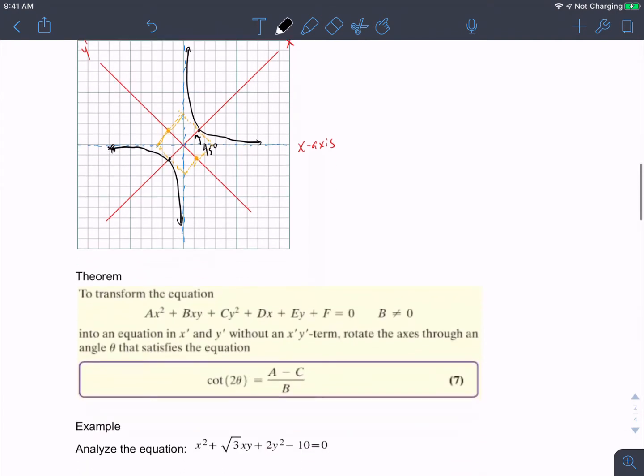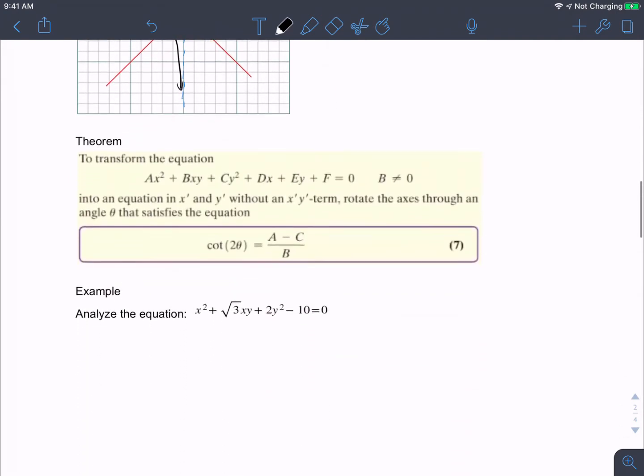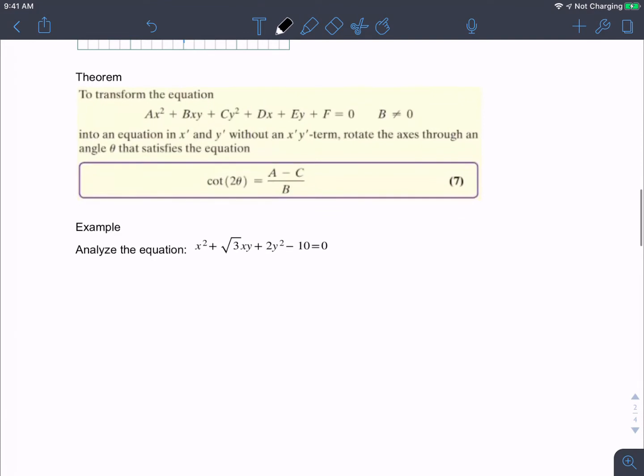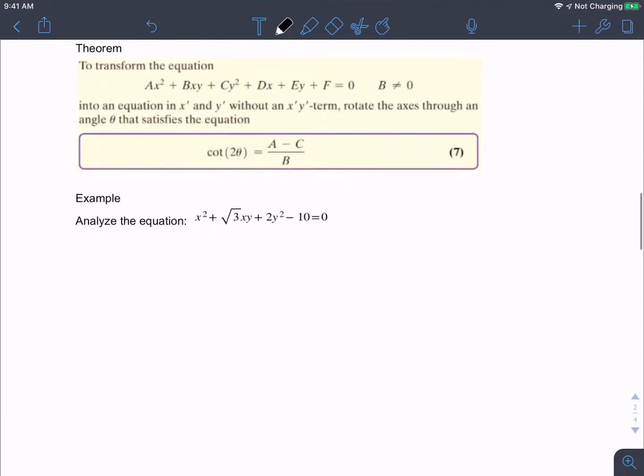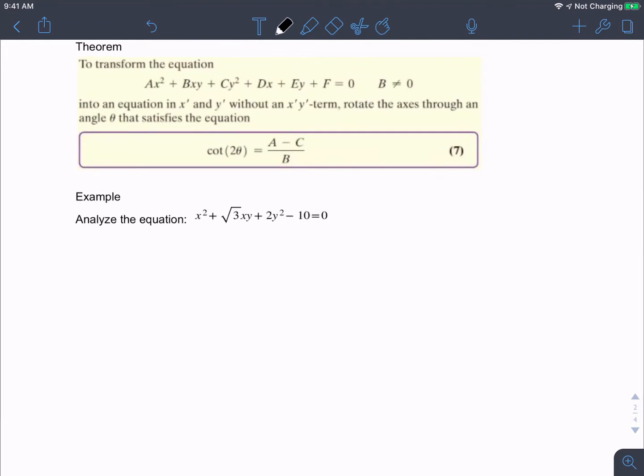There's a theorem that comes with that so that we can find the angle, and this is the information that we're going to need. Again, this has that XY product, and so that tells us that there is potential to graph this with a rotation. And so to do this rotation, we need to label some things, and so this is going to be quite a bit of work, but bear with me.